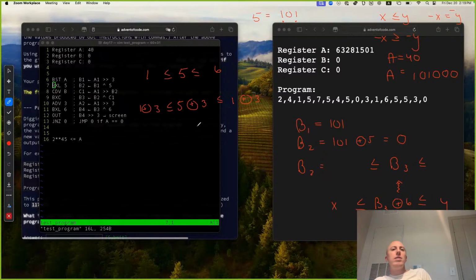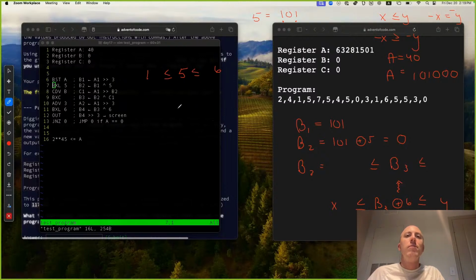You can't just take the inverse, because here's a case where it won't hold at all. If we're XORing with 3, the last two bits. Let's say 3 is less than or equal to about 4. I think this one's going to get messed up. I think this one's good, but this one's going to be bad.